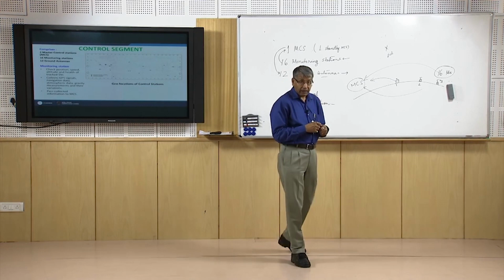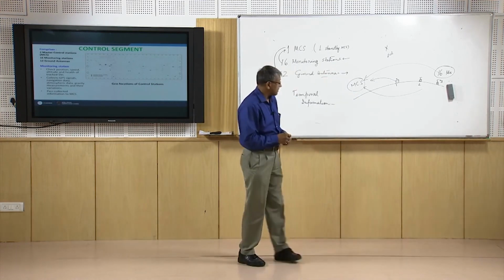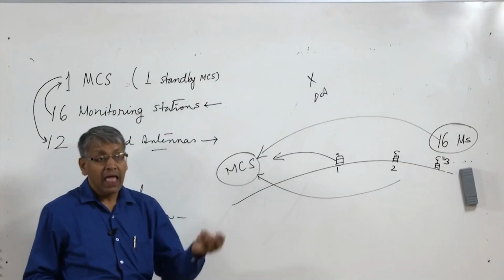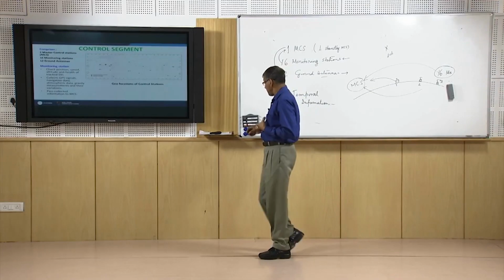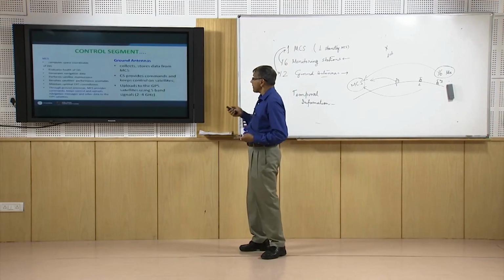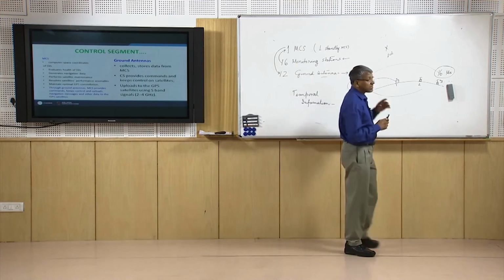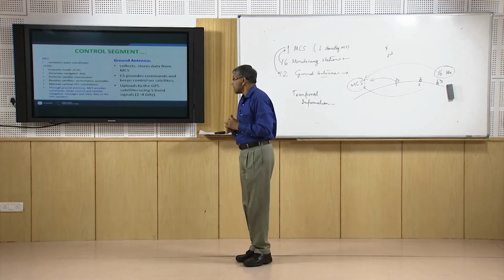Similarly for all satellites, all this information comes to the master control station, and the master control station will subsequently process this data to find out the exact location of the satellite vehicles.